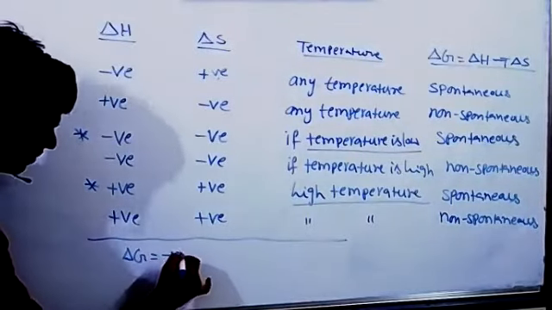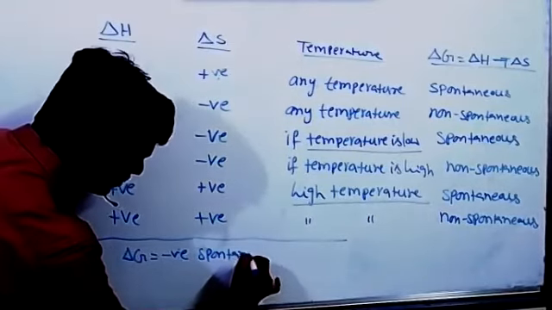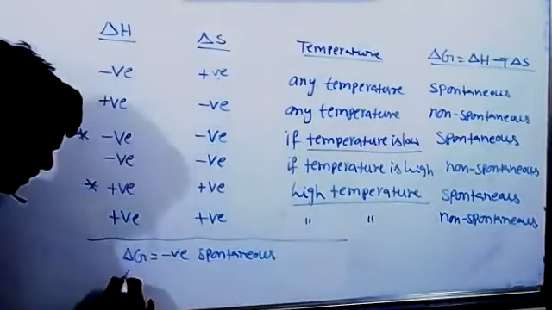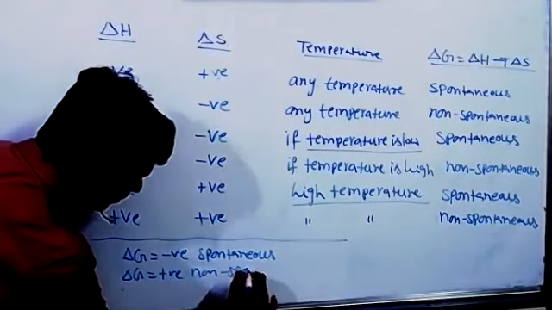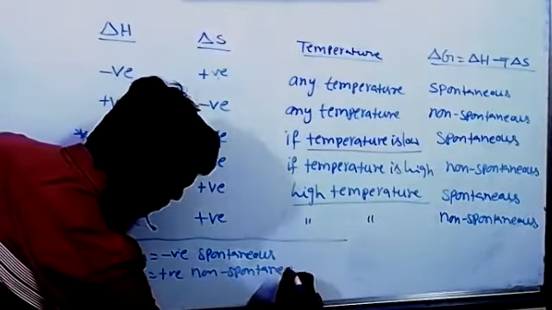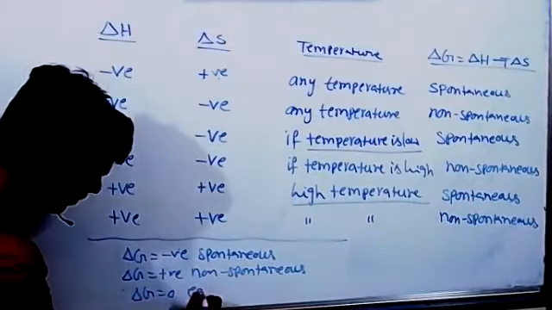Delta G is negative, spontaneous. Delta G positive, non-spontaneous. Delta G is equal to 0, equilibrium.